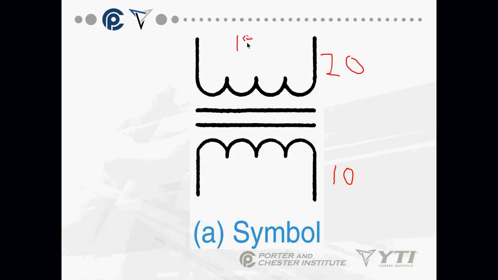So if I'm putting 100 volts in here at the top, okay, I'm going to get 50 volts out here. Because once again, I'm creating magnetism here with 20 windings, but I'm only capturing half that magnetism with my 10 windings.